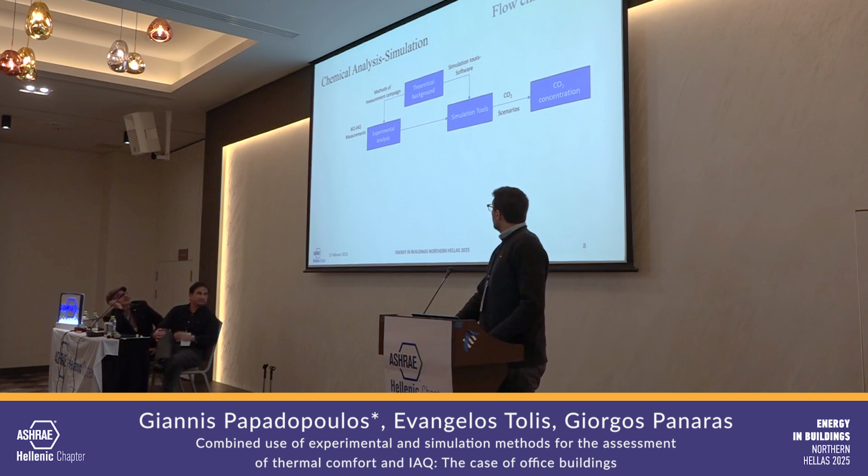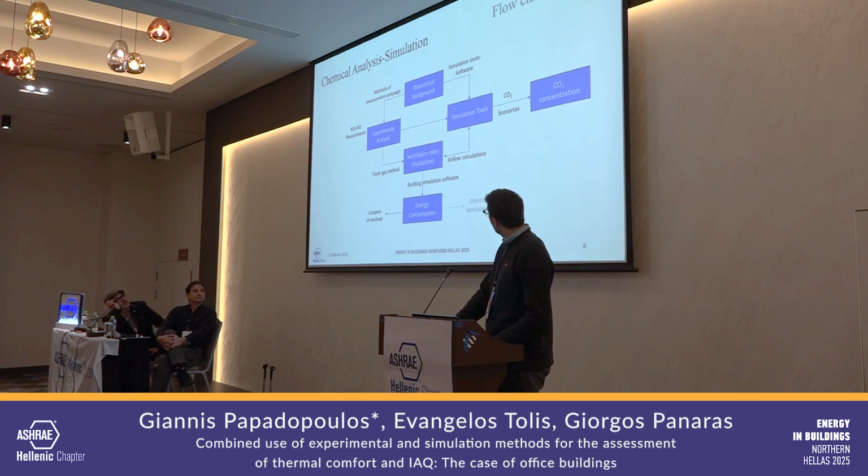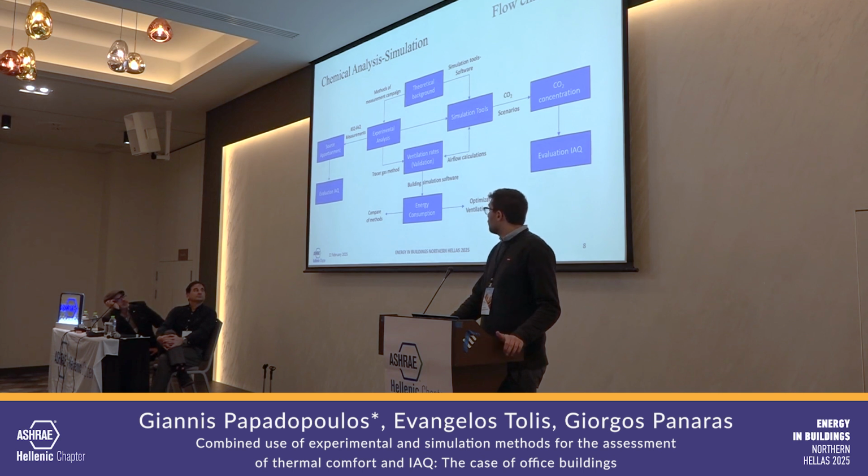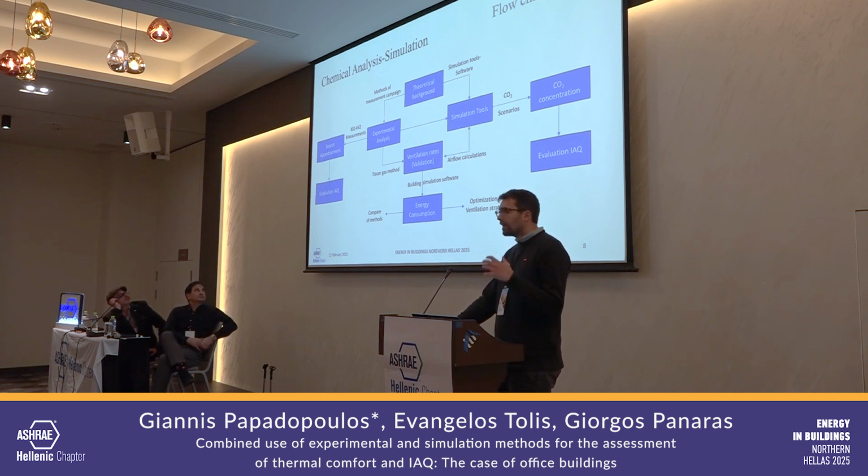So what we can do is make experimental analysis, and we can use simulation tools. Let's take the whole picture. With the experimental analysis, we can first of all make a source apportionment for VOCs. This is a statistical model: we put in our measurements for VOCs, and we can find the probable sources of the chemical compounds that we have detected inside the offices.